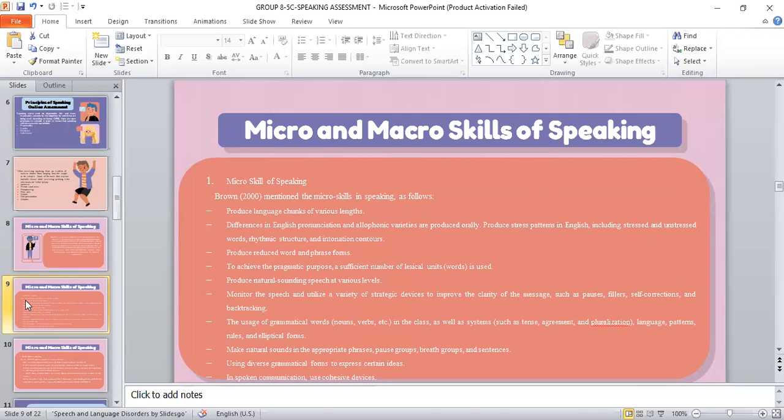First, produce language chunks of various lengths. Two, produce differences among English phonemes and allophonic variants orally.